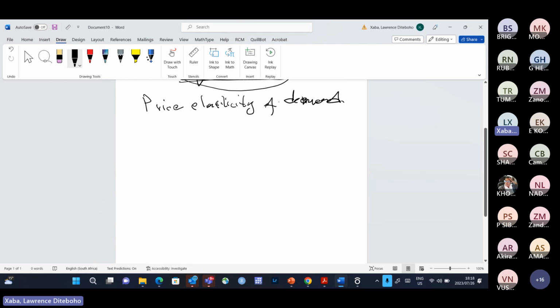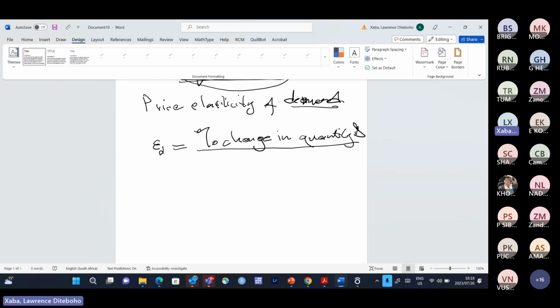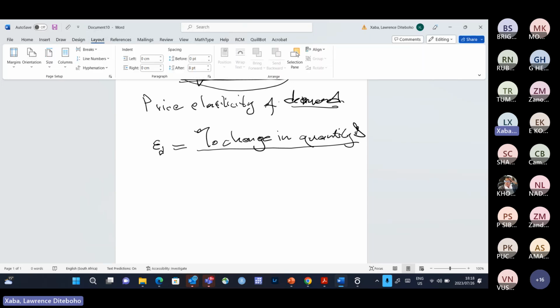How do we denote it? We have subscript D, which represents demand. The formula is equal to percent change in quantity demanded, D for demand, because of the space. Let me change the layout.